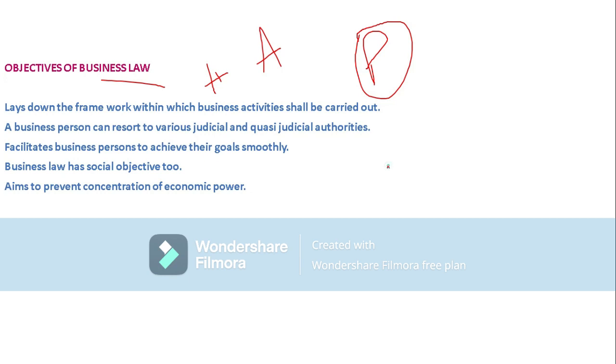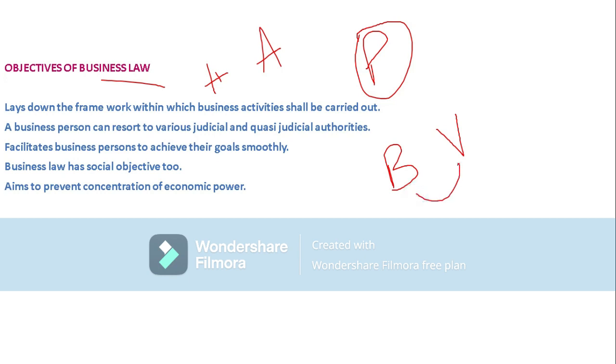Business involves business to business persons or business to customers. So if there is any issue or disagreement between a business person and a vendor, definitely business law steps in to mediate and find a resolution between them.